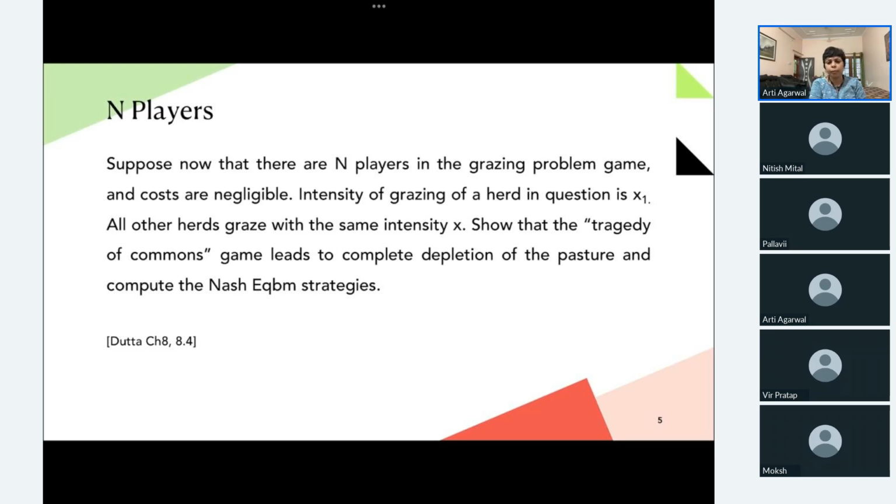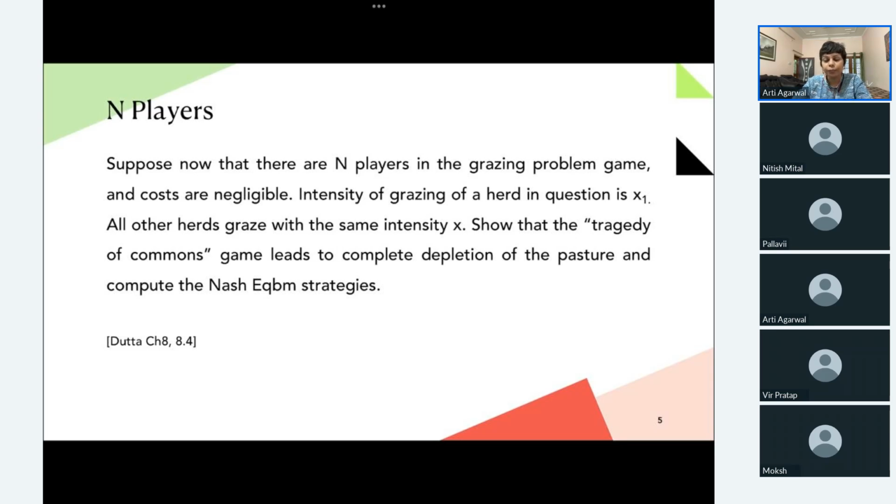I've taken this example also from the Prajit Dutta book, but their formulation and setup of the problem is slightly different, so don't get confused. I have tried to model it and modify it a little bit for the grazing problem I have taken in class. Say there are n herds grazing over the same huge pasture.